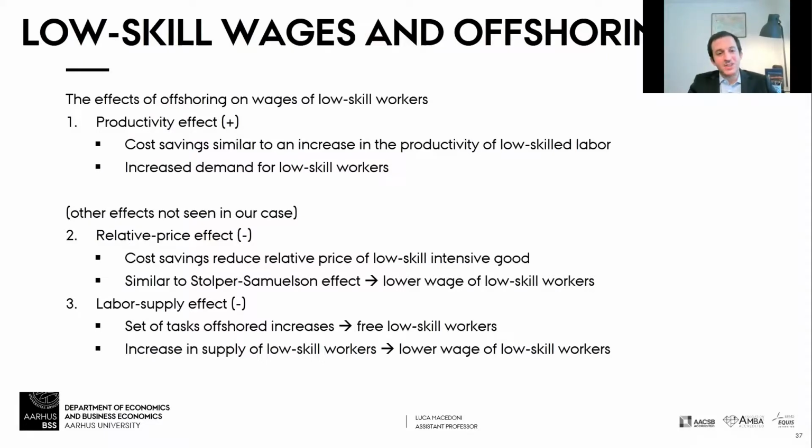Now, I also want to mention here that the Grossman and Rossi-Hansberg model is very successful and has been used a lot, especially empirically, because it has these three interesting effects. Okay, it basically provides a framework to understand under which dimensions offshoring affects low-skilled workers. You can have a productivity effect, a price effect, or a labor supply effect. And so you can imagine that in the empirical literature, what they're trying to do is to quantify each of these three channels.